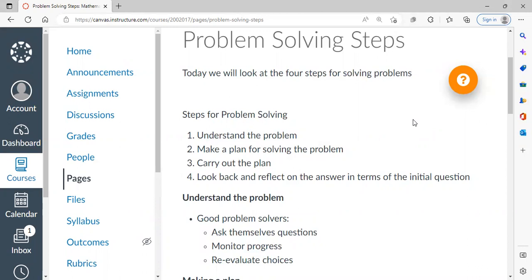So after we understand the problem, what is the next thing that we normally do? Even without knowing the steps, there are some things that we normally do. Some of us are aware of these steps, others are just catching on to it. But what is the second thing we ought to do?